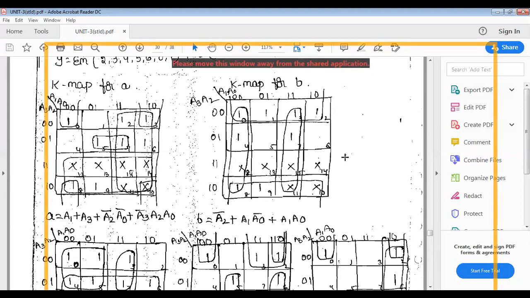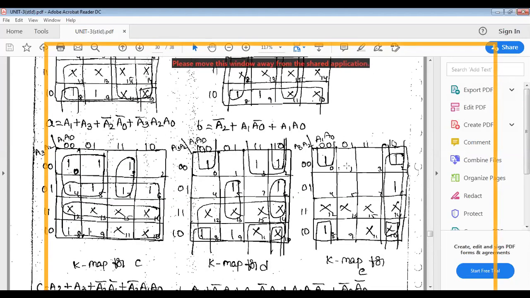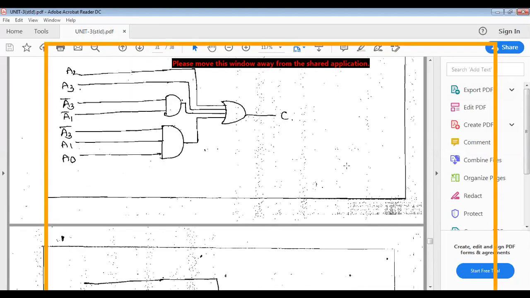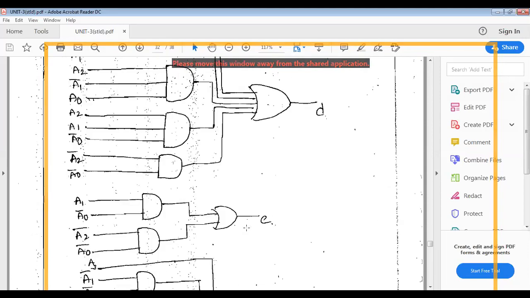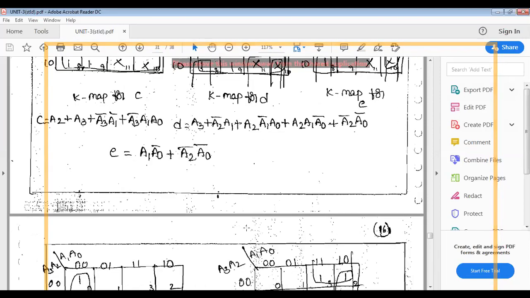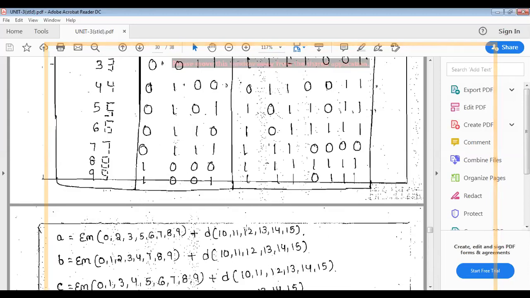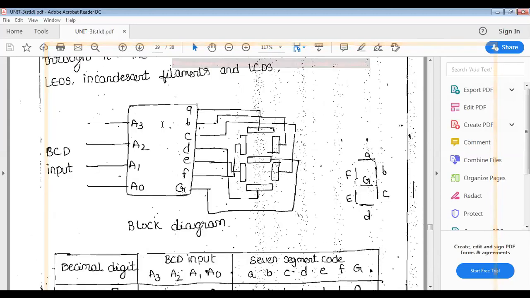Okay. So by using those Boolean functions, whatever we got for A, B, C, D, E, F, and G, you can draw a logical diagram to get a 7-segment display. This total logical diagram is inside the 7-segment block. See, this is a block diagram.